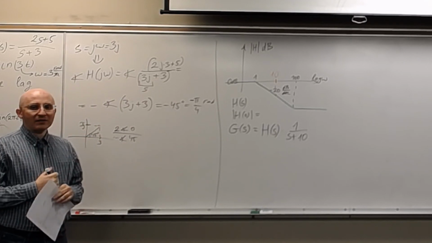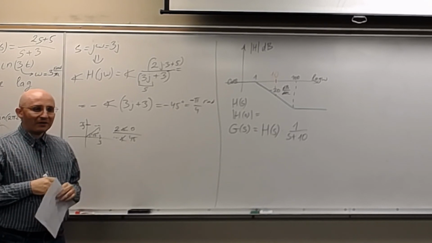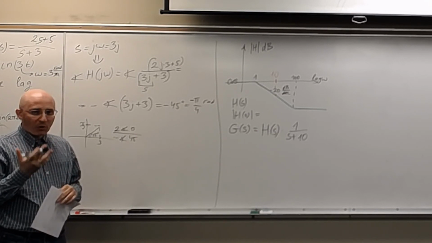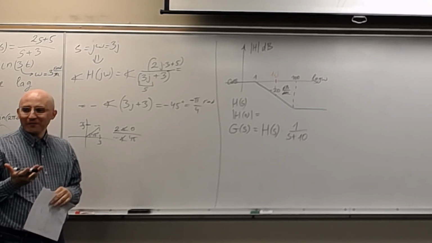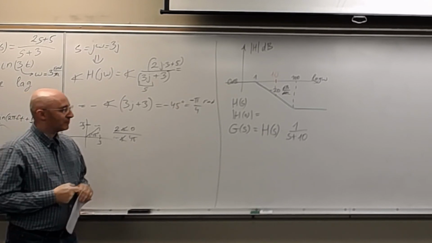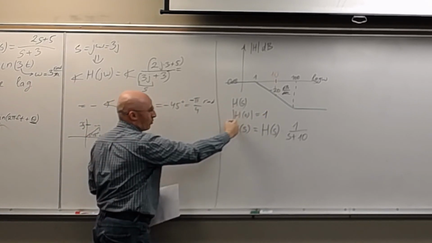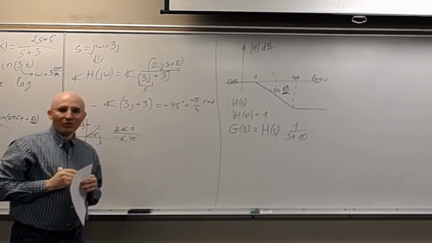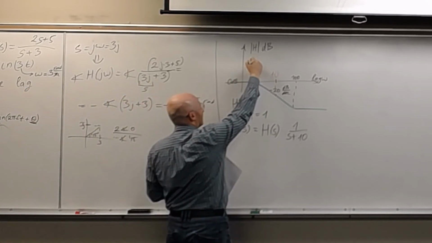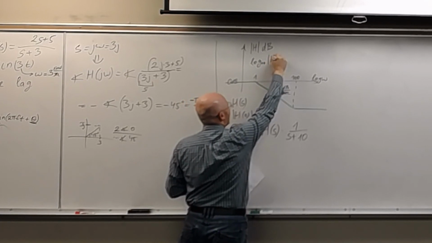What gain is that? dB is log scale, right? So we have 20 log, so log of what gives you 0? 1. This is gain 1. And then log 10 of that thing is 0, because Bode diagram is basically log 10 of h.